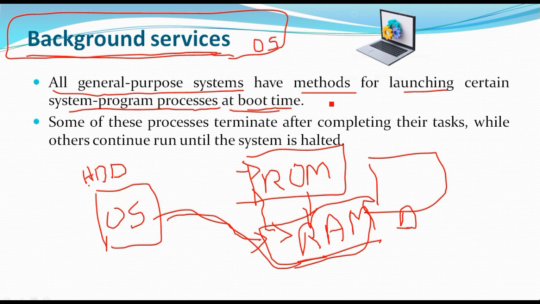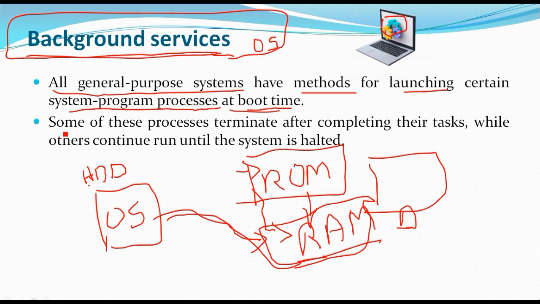It doesn't show on the screen, but it works behind the screen to load the operating system, and then we can obtain certain screens of the operating system. If you have Windows, you will get the desktop. If you have any other operating system, its initial screen is displayed.